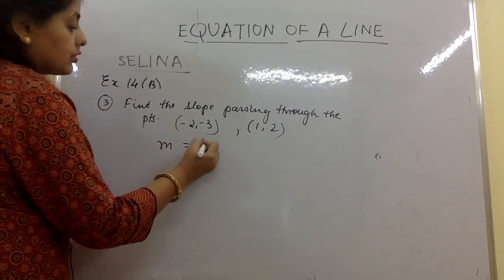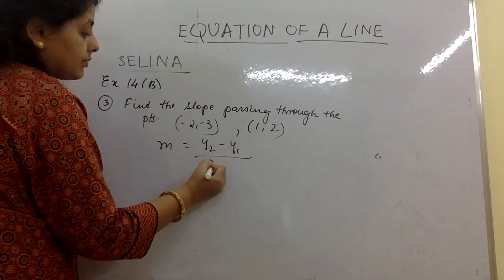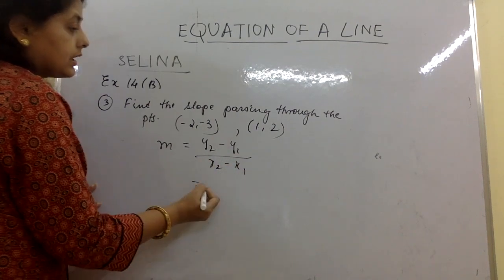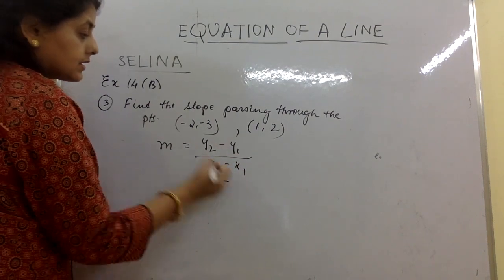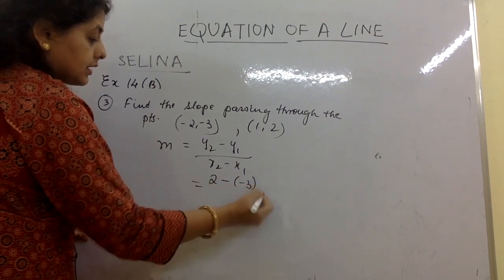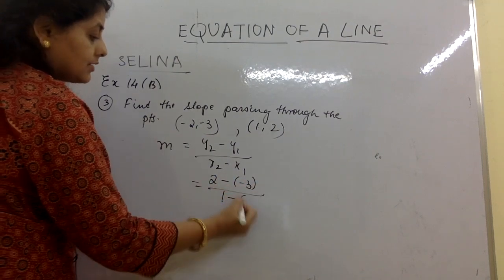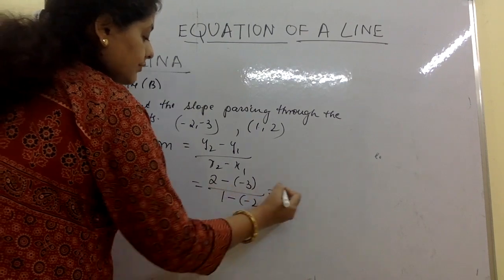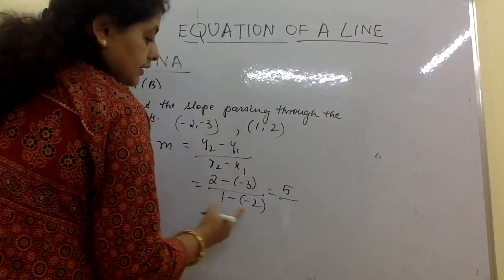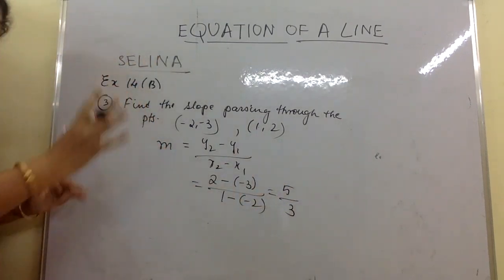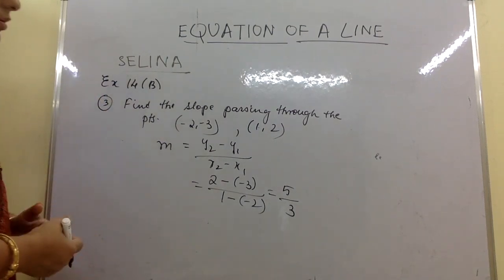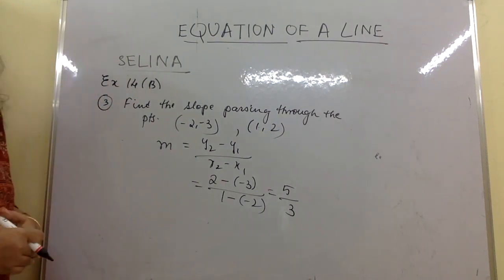So m is equal to y2 minus y1 by x2 minus x1. y2 is 2 minus 3, x2 is 1 minus 2, that is 5 by 3. So m is 5 by 3. So the slope of the line is 5 by 3.